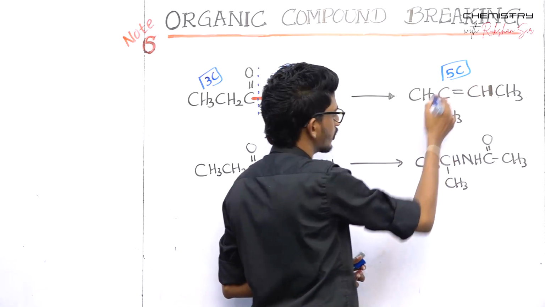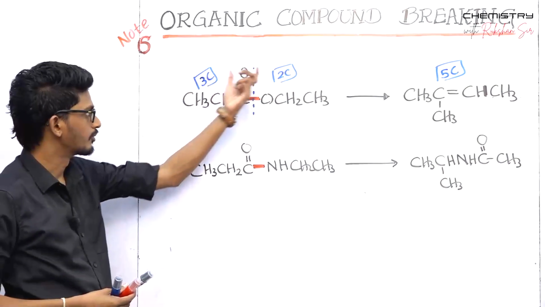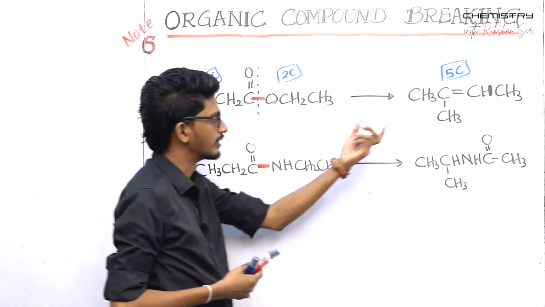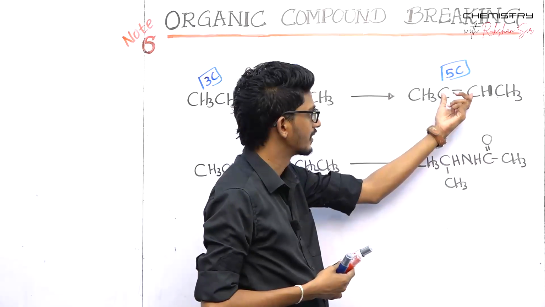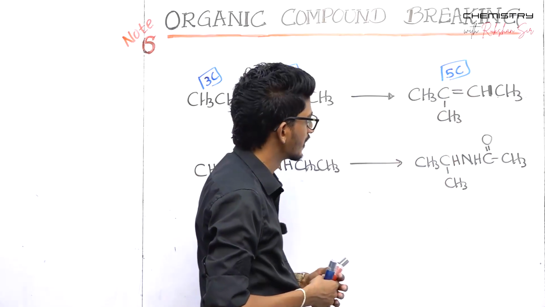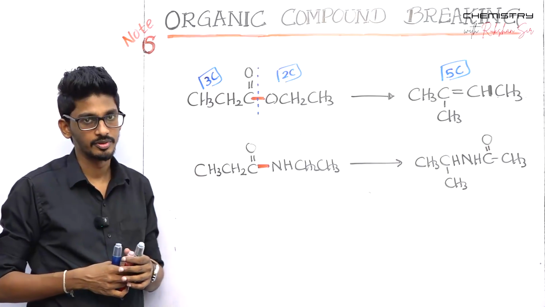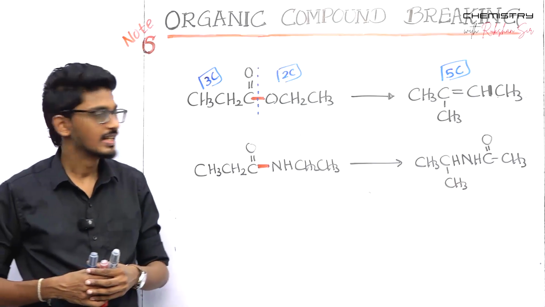So one may think that if you connect these two blocks using a carbon-carbon bond making technique, you can come up with this final compound. That is the situation in these synthesis processes, and we are involving these organic compound breaking reactions.